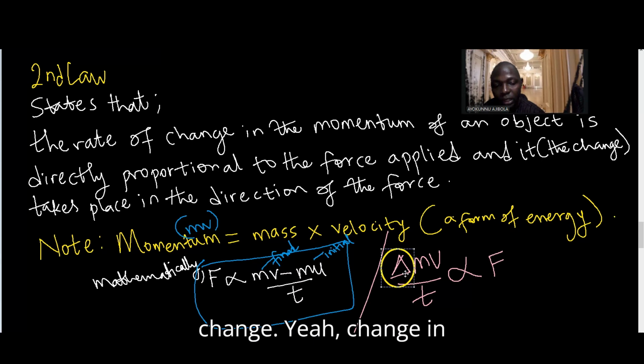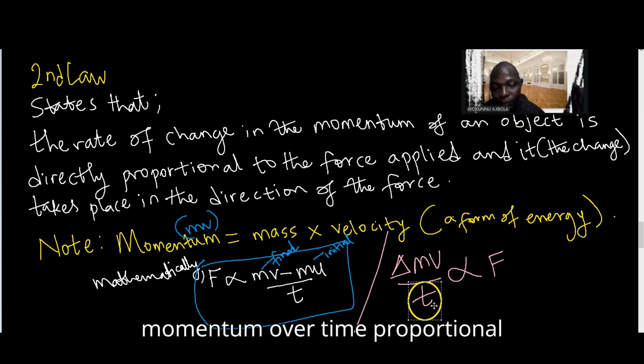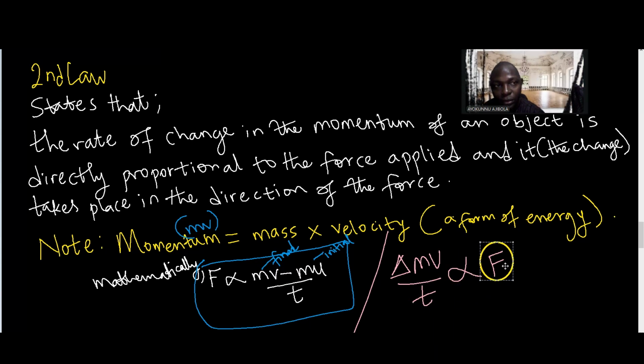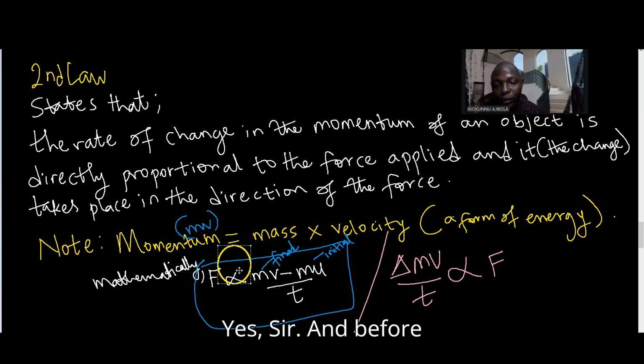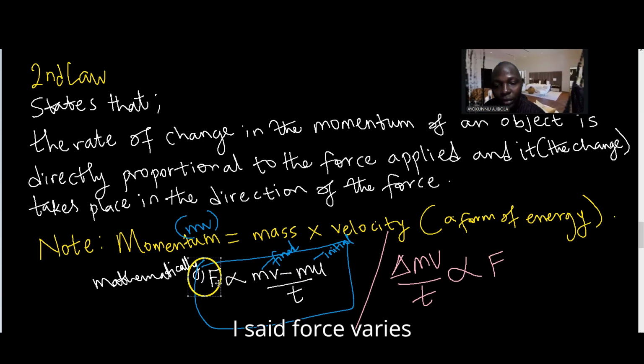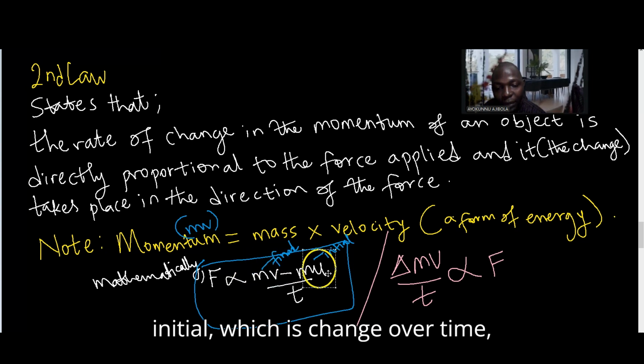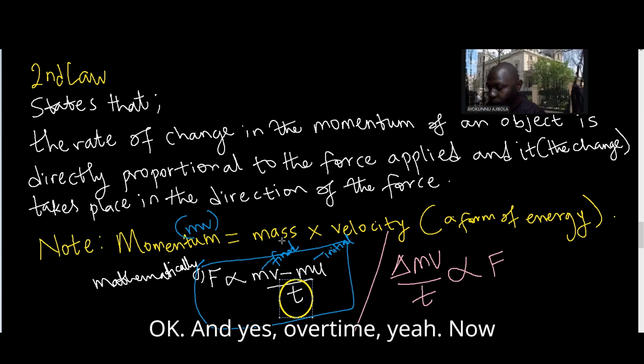Change in momentum over time is proportional to the force. Force varies directly as change in momentum over time. Do you understand now? Yes, sir. And before I said force varies directly as final minus initial, which is change over time. Okay. Change over time.